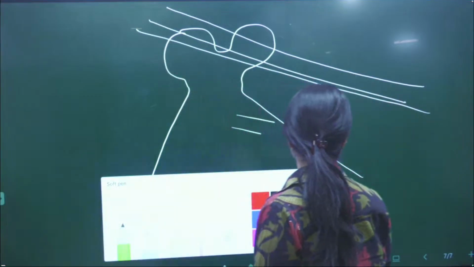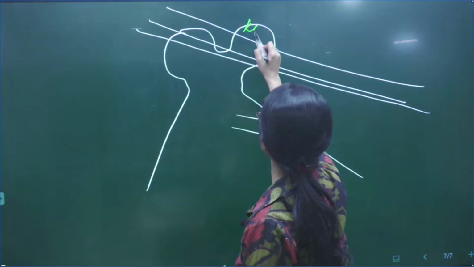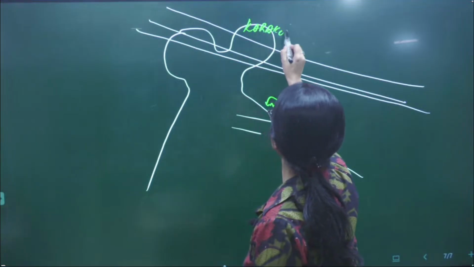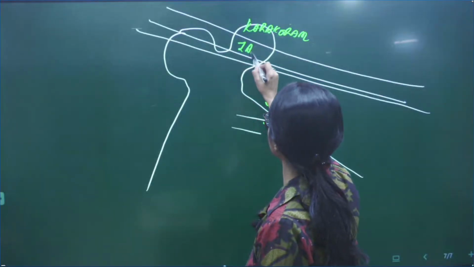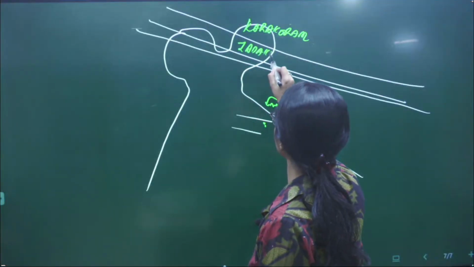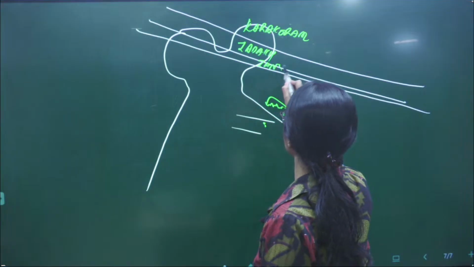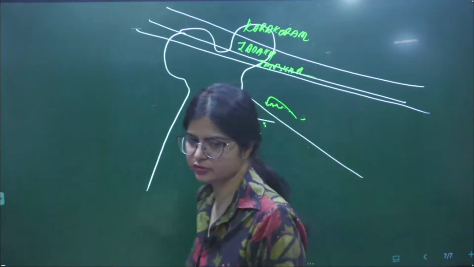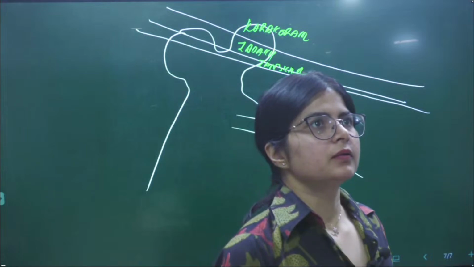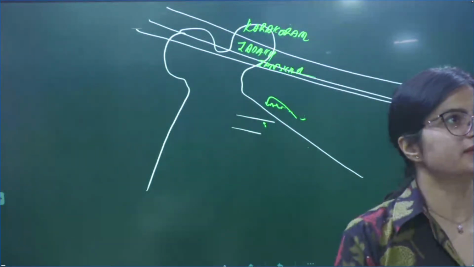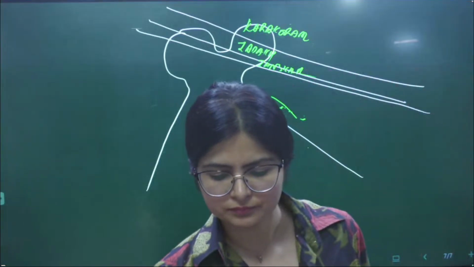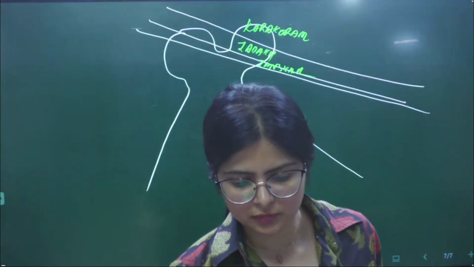This is your Karakoram. This is your Ladakh and Zaskar. Done. Ishan, can you understand this?